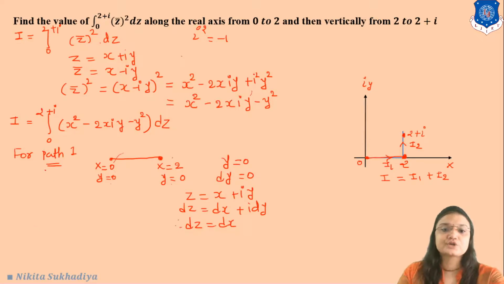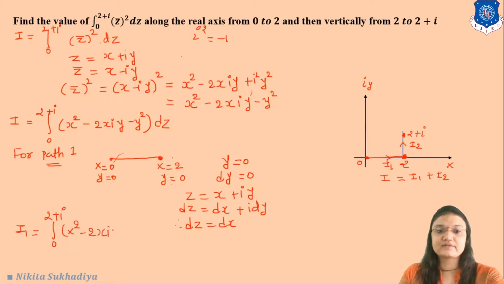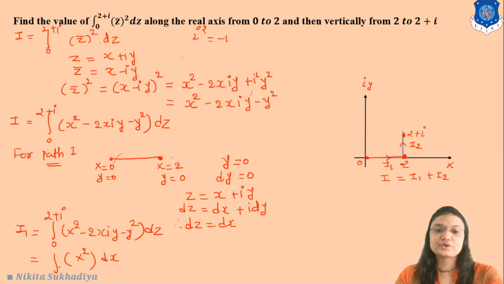So for path number 1, we have the integral I1 along this 0 to 2 line, of (x² − 2xiy − y²) dz. Along this line y = 0 and dz = dx, so put those in. This becomes the integral of x² dx, with limits of x from 0 to 2. Integrating x² with respect to x gives x³/3 from 0 to 2.